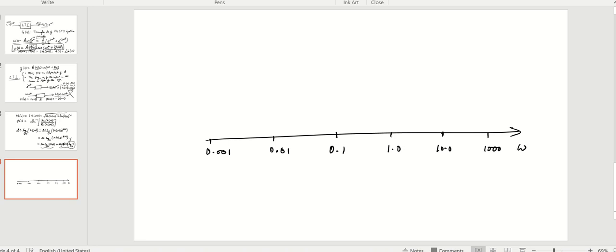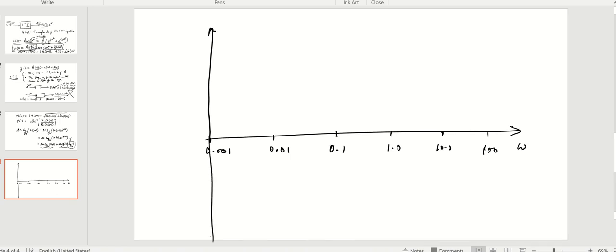And this is 100. Sorry, that's 100, not 1,000. Okay. So this is 100. All right. So these are equispaced. Even if I have not made a very good job of it, please assume at least that these are equispaced. All right. So this is our independent axis. And now we try to draw plots.